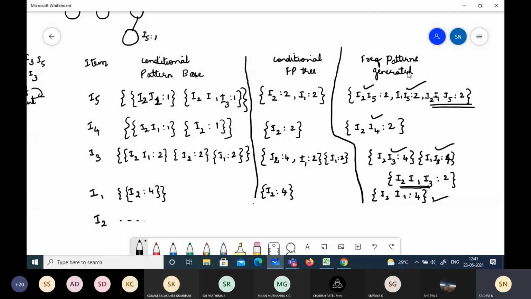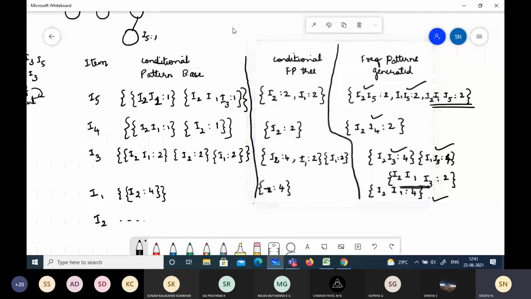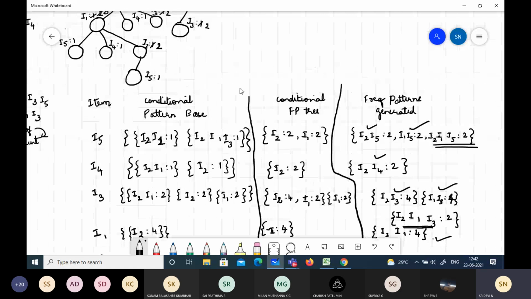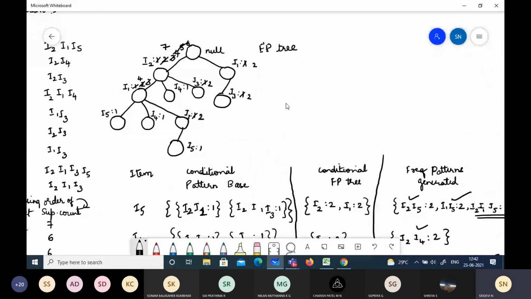This is the compact data structure. That's what they say. The representation is compact by using this data structure, the FP tree data structure. It gives the same answer, but the approach is different.